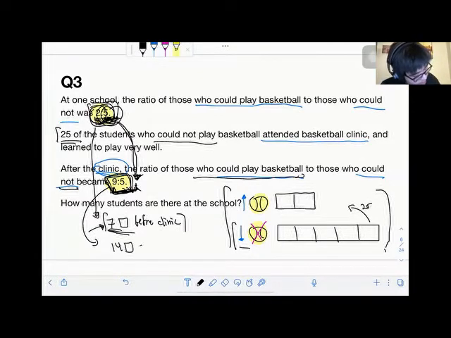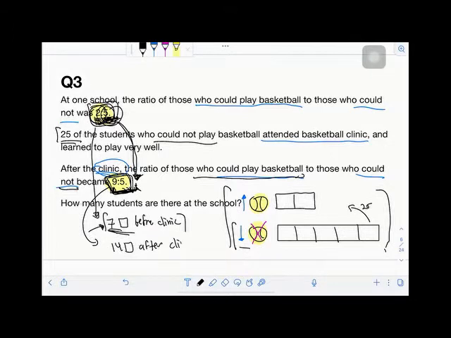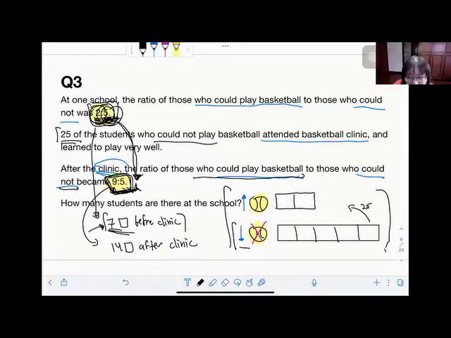Where did the 14 come from? How did you get 14?